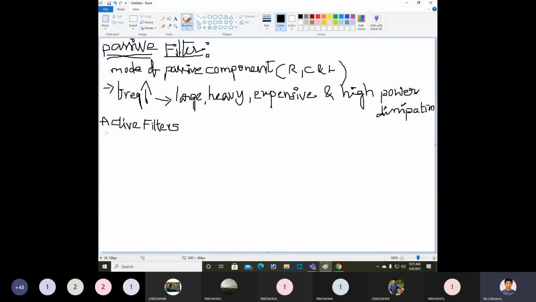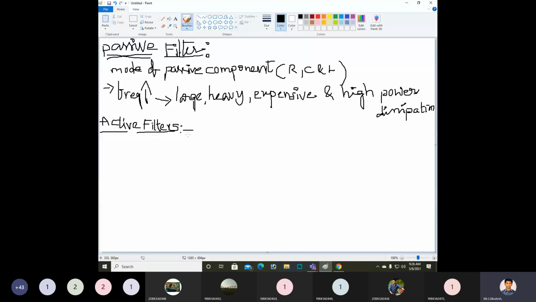Active filters. The active filters overcome the problems of passive filters. Why go with the active filter?